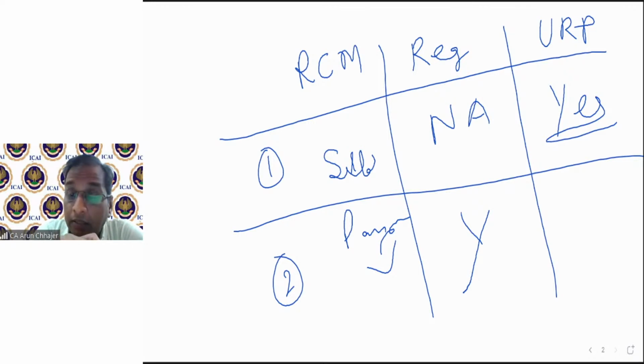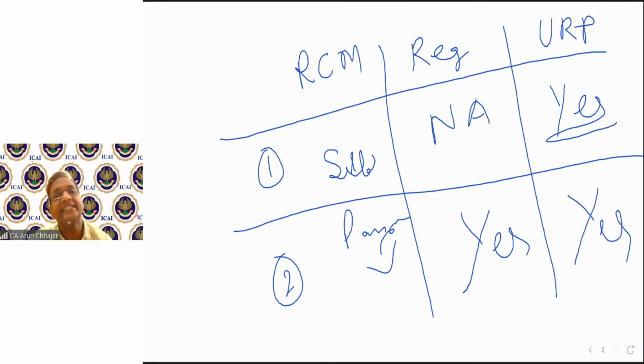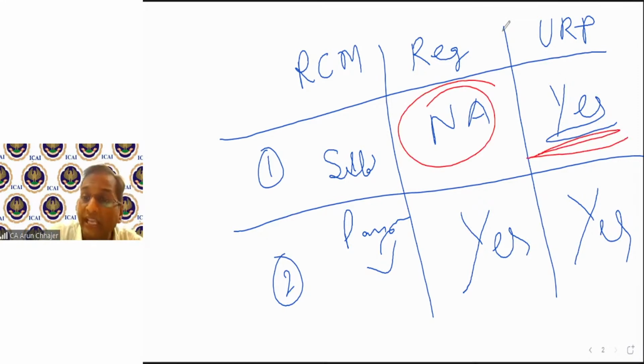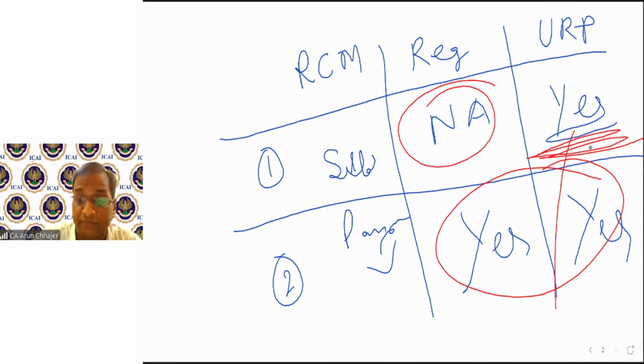When the recipient makes the payment to the supplier, then he will issue the payment voucher in both the cases. That is important: the self-invoice is applicable only if the supplier is unregistered, but the payment voucher would be applicable in both the cases.